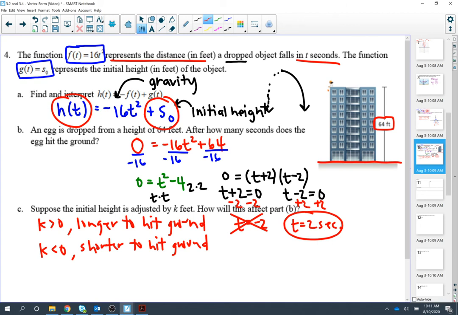You'd be in the ground. So actually, k has to be less than 0, but it also has to be bigger than negative 64. Because if you go negative 65, you're below the ground. We're not even going to deal with that.